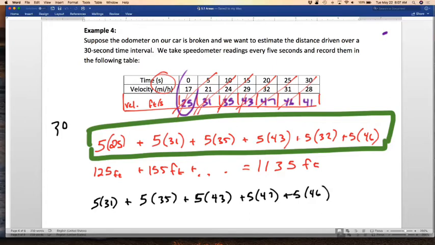So basically, you have two options. And that is to either use the speed at the beginning of your 5-second interval or the speed at the end of the 5-second interval. And you get either right or left-hand sums. Okay, so in this case, we're going this way. And when we sum those all up, we get a total of 1,215 feet.